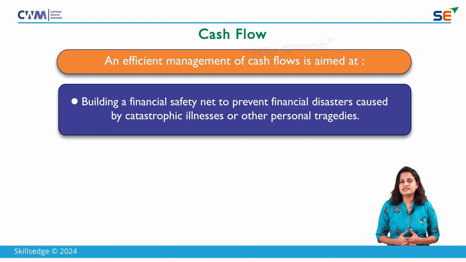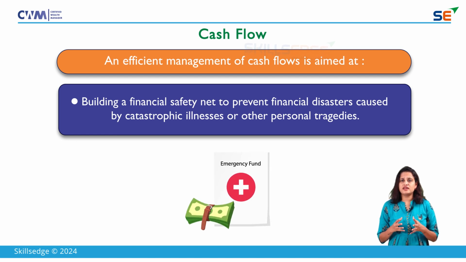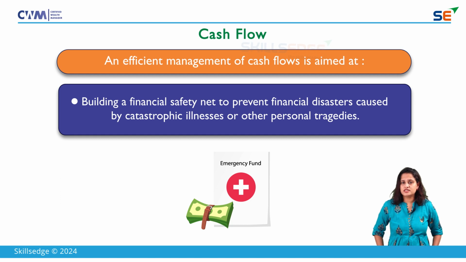Building a financial safety net to prevent financial disasters caused by catastrophic illness or other personal tragedies is necessary. If you have a good amount of surplus, you can also build an emergency fund and thus safeguard yourself from any kind of catastrophic illness or personal tragedies.